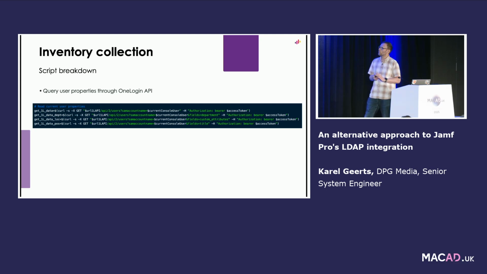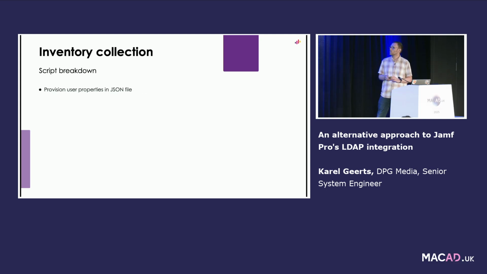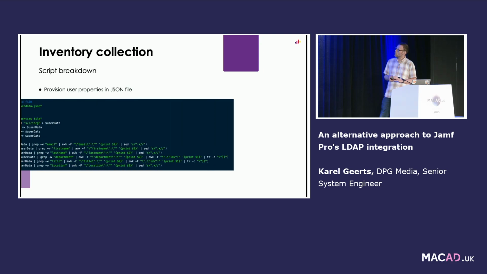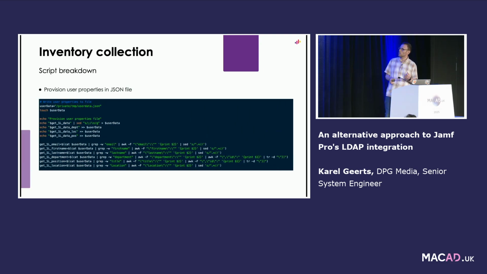First of all, your user properties are queried through the API of OneLogin. Due to the nature of the API, that is done in 4 separate variables. Then we provision a JSON file based on those user properties.